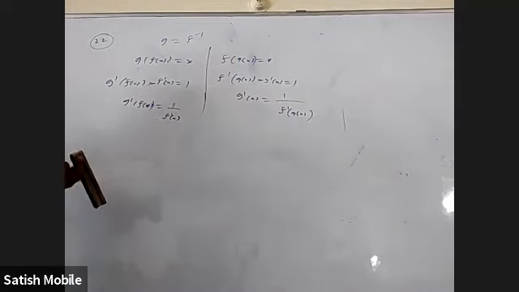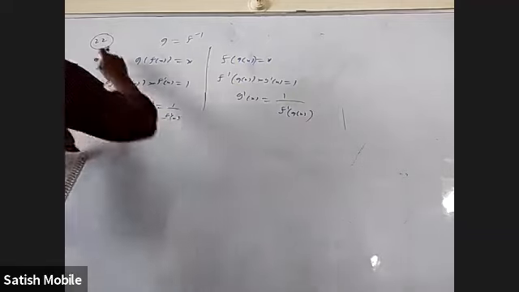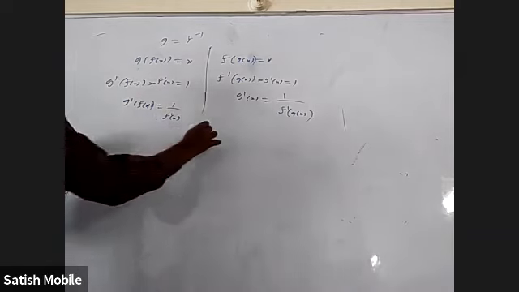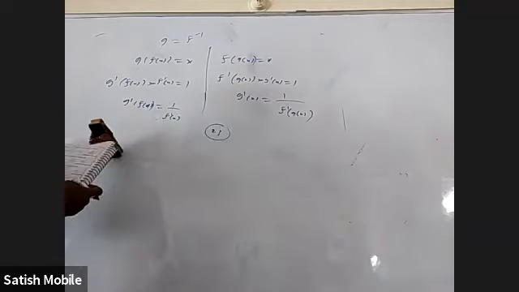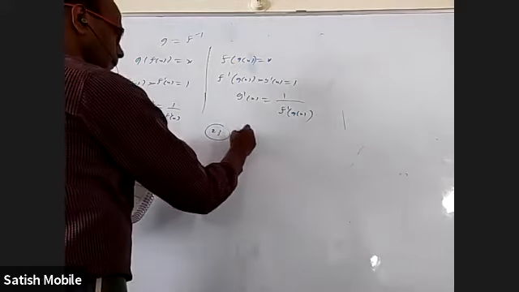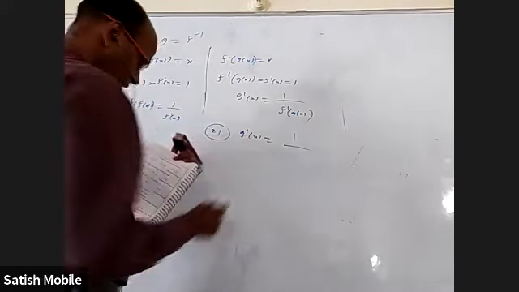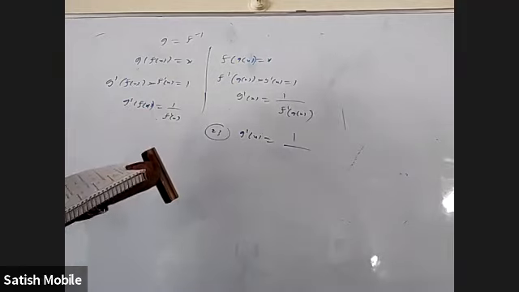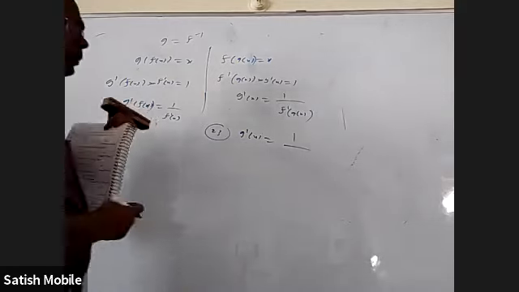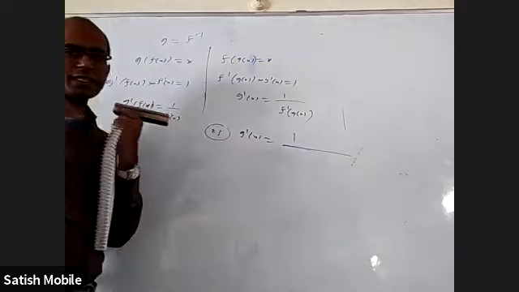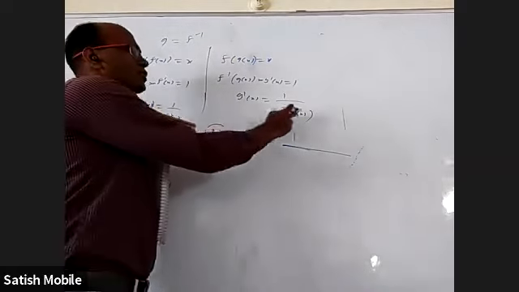Maybe let me finish 23 first. In 23, let us use this. They want g dash x, where g is f inverse, and f dash x is already given as 1 by 1 plus x power 5. If f dash x is 1 by 1 plus x power 5, what is f dash of g of x?